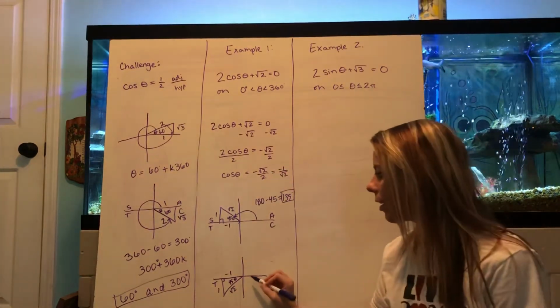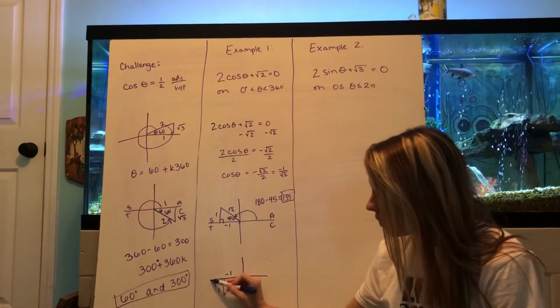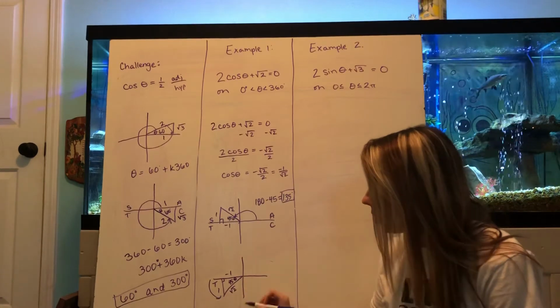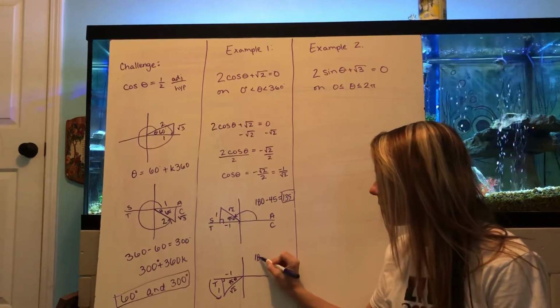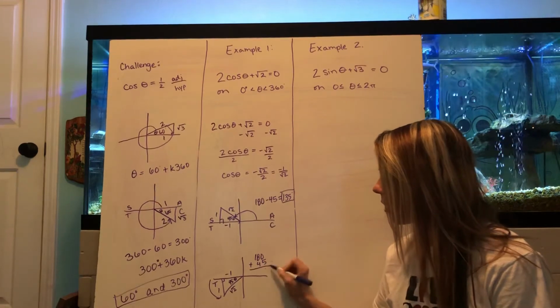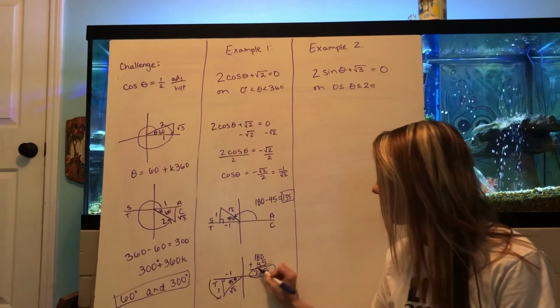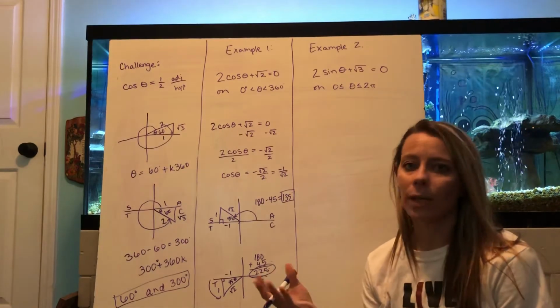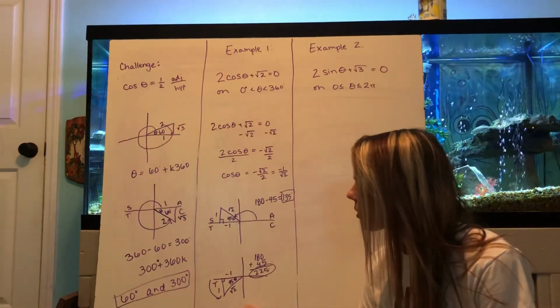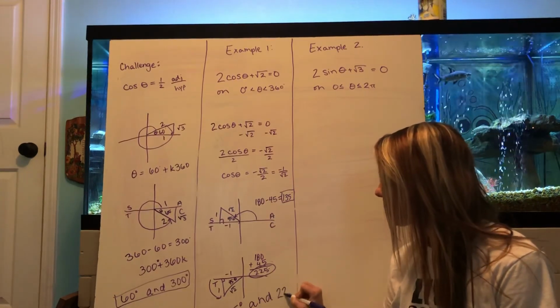So from here, I was at 180 and I went 45 degrees forward. So 180 plus 45 is 225 degrees. And so those are my final two answers: 135 degrees and 225 degrees.